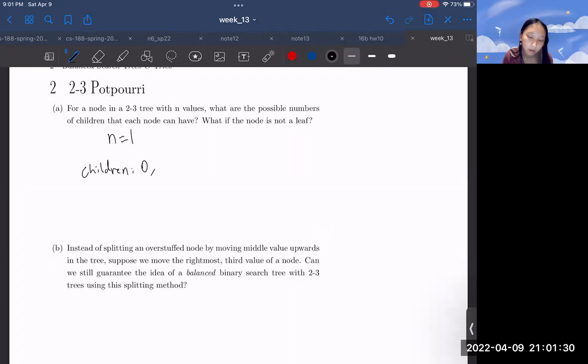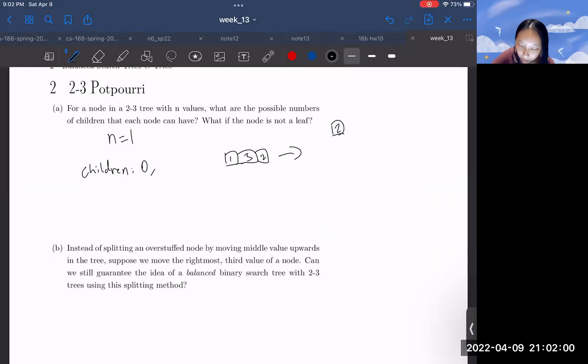And then, the only way to get to one value is if you had, like, pretend there's a 1 and then 3, and then you add a third value. The thing is, 2-3 trees cannot have 3 values in a node, so you break it up, and then it becomes this.